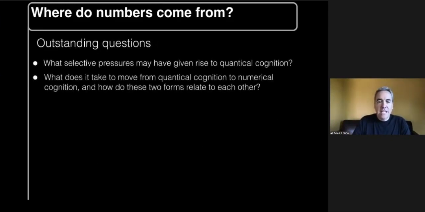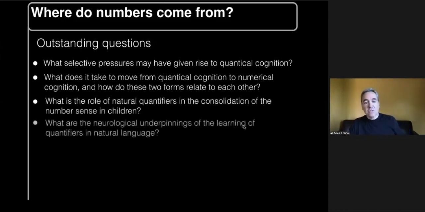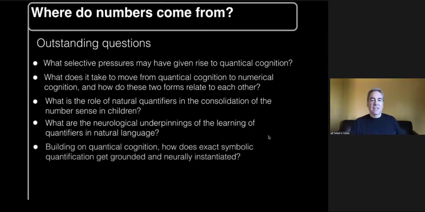What does it take to move from quantical cognition to numerical cognition, and how do these two forms relate to each other? What is the role of natural quantifiers in the consolidation of the number sense in children? What are the neurological underpinnings of the learning of quantifiers in natural language? And building on quantical cognition, how does exact symbolic quantification get grounded and neurally instantiated?